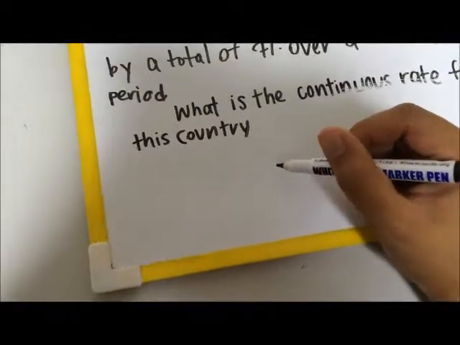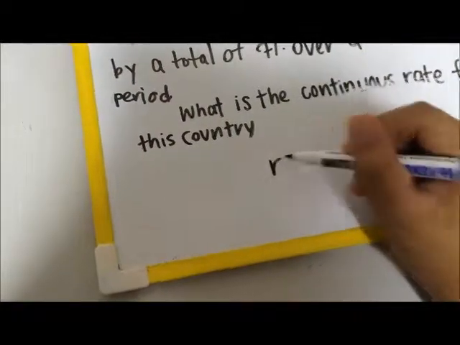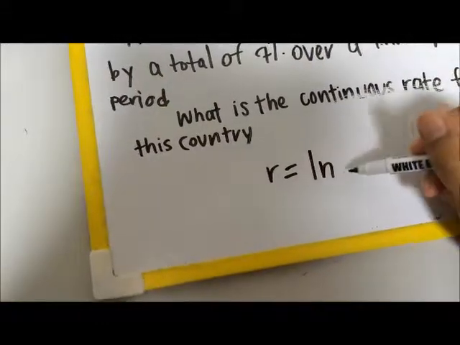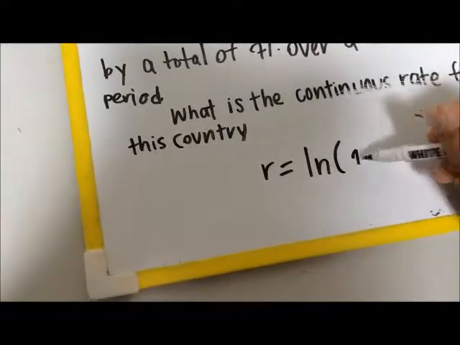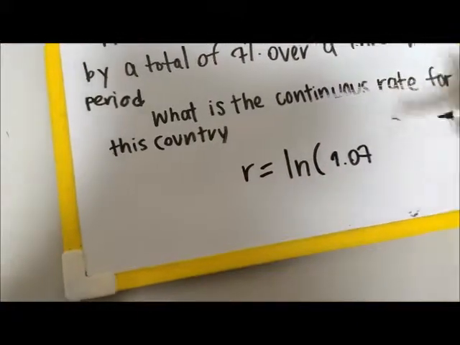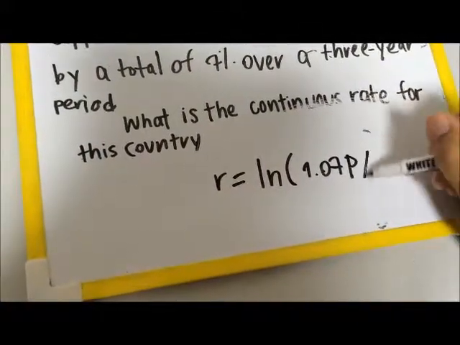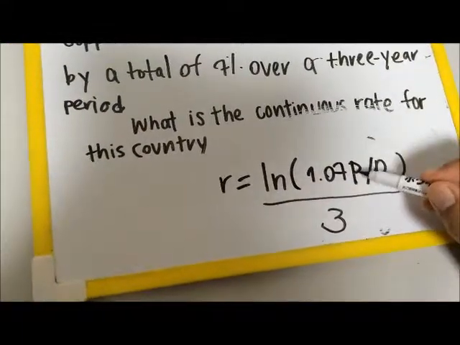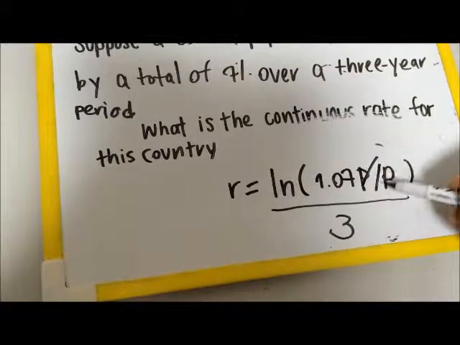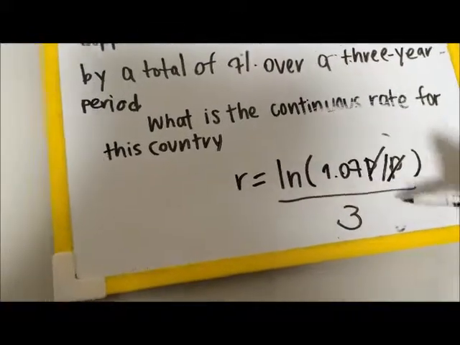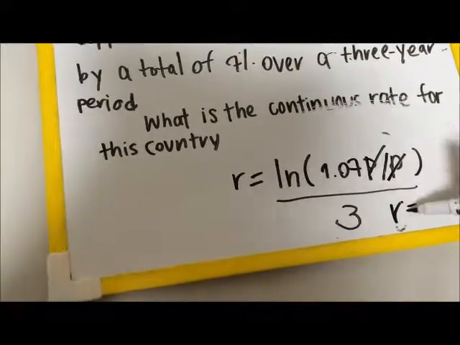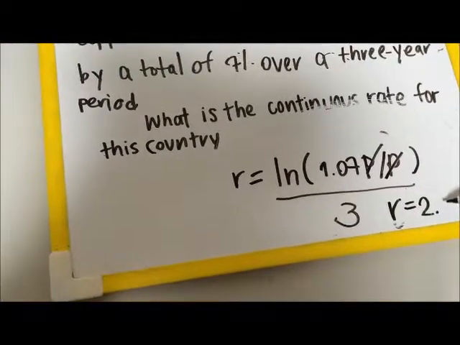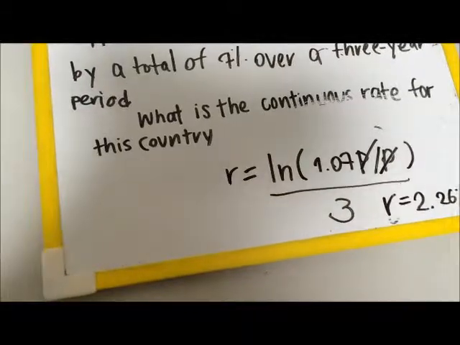Notice that P can simply cancel out, which means R equal ln of 1.07 times P over P, divided by T, and we can cancel P out. If we use the calculator, the result will be R equal to 2.26%.